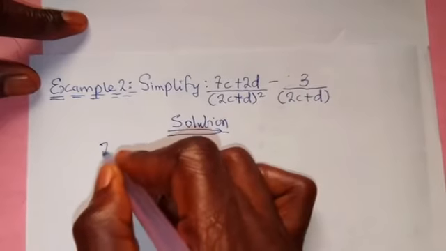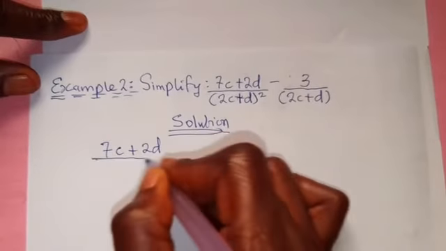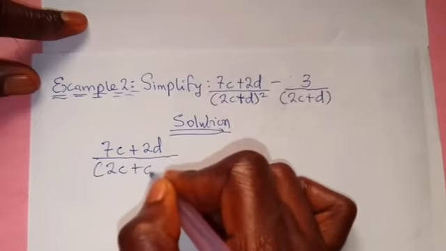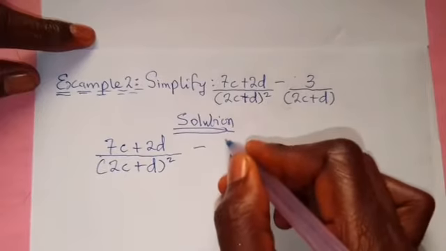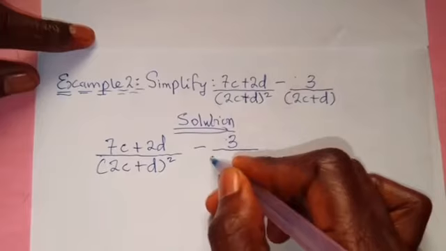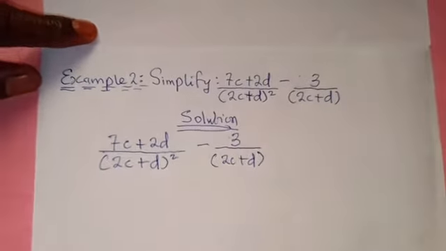So we say 7c plus 2d, then divide this by bracket 2c plus d all squared. Then we write our minus, then we write our 3, then we open a bracket, then we put in our 2c plus d in here.